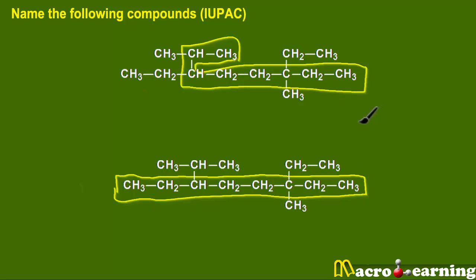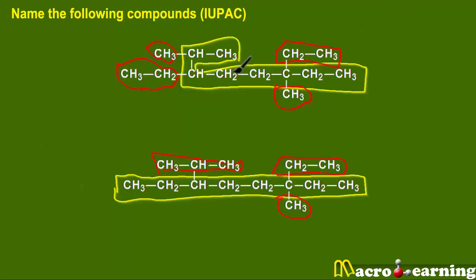But the thing is, which one is the right main chain? Let's see. The rule says that the one that has got the most branches is the correct main chain. In other words, the highest number of substituents determines the right main chain. So I'm circling out the substituents for both cases.